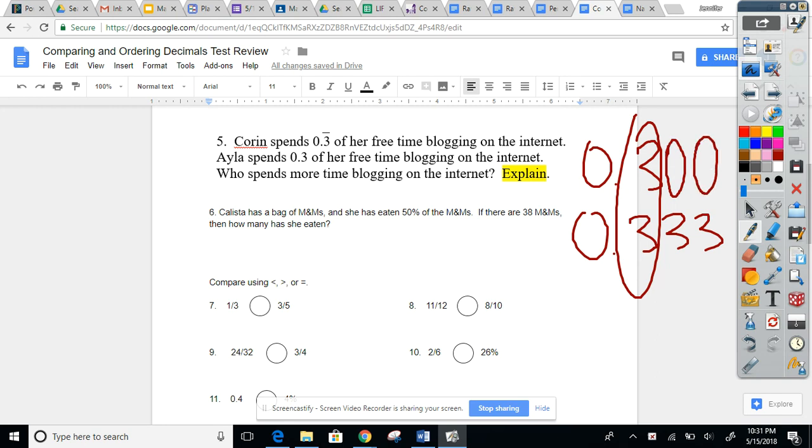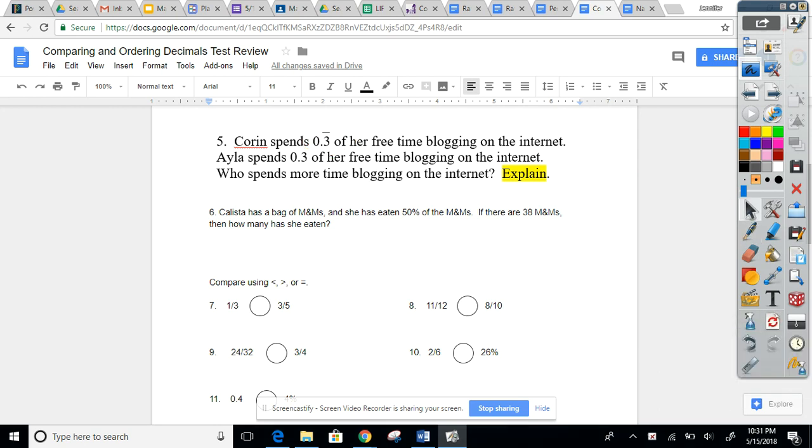We can put zeros there because it doesn't change the value. Zero does not change the value if it's after a decimal. So which is larger, 0 or 3? That would be 3. So actually, the one with the bar over it is greater, and I want you to type and explain to me why.